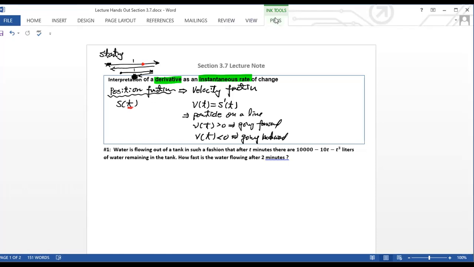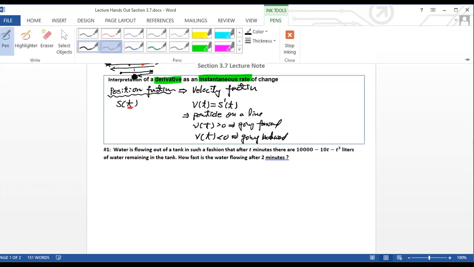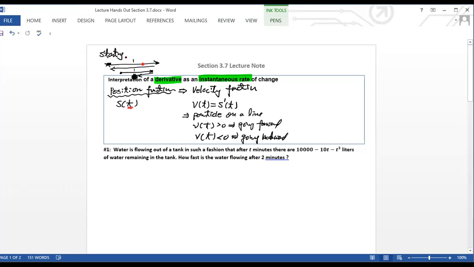Like in this example, when you start at the point, you go this way. Then right at this moment, you look at your car to see how fast it goes. This is your velocity. Because you travel forward, you will get a positive number. Now after you reach this point, you go backward.